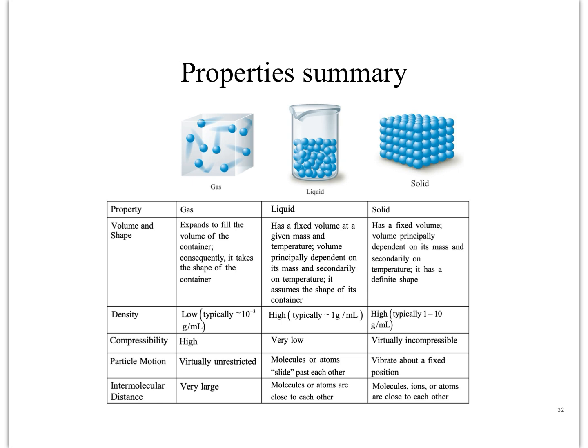For compressibility, gas is very easy to compress to a smaller volume, and based on the gas law we can calculate pressure, volume, and relate them to temperature. For liquid and solid, it's very hard to compress to a smaller volume. So that is a comparison between the gas, liquid, and solid.